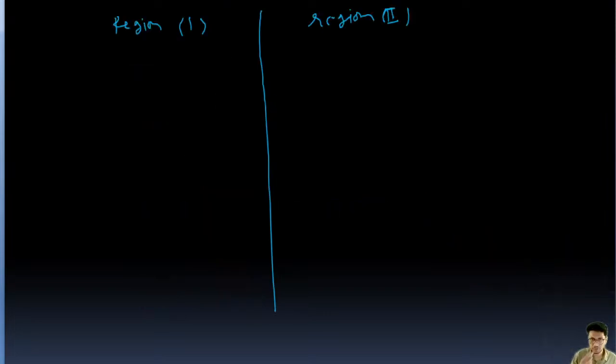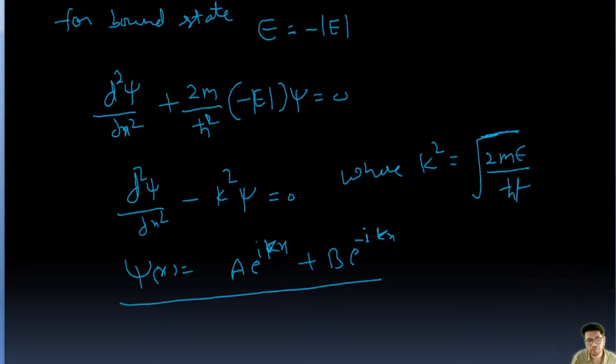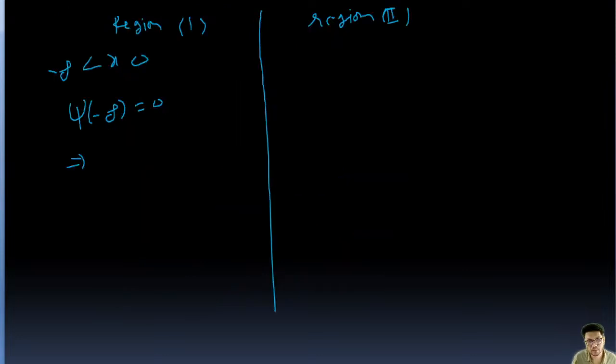For region 1, x lies between minus infinity and 0, so psi at minus infinity is going to be 0. We put minus infinity in this psi, and after putting, it gives B equal to 0. So psi 1 equal to, this is for region 1.